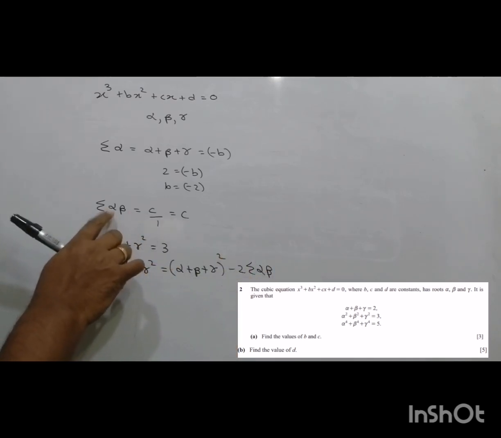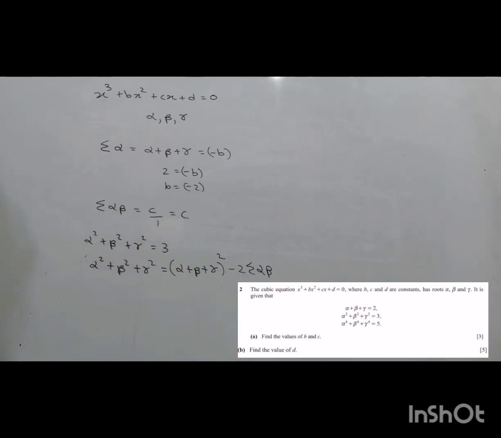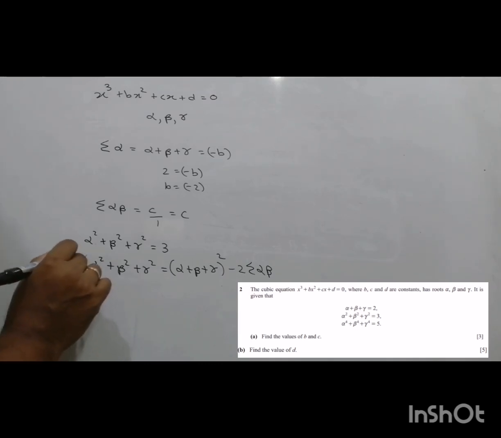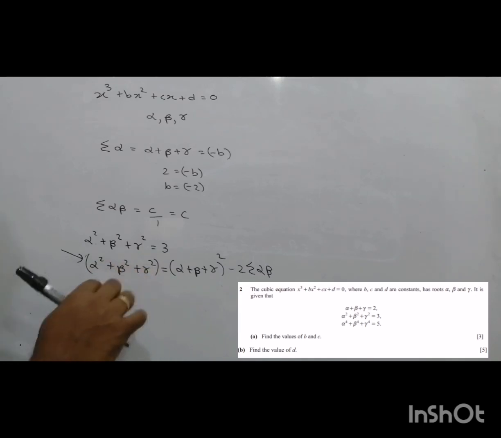That would be the sum of the roots taken pairwise. So this is similar to the expansion of a binomial, but here we have 3 terms, it's a trinomial.